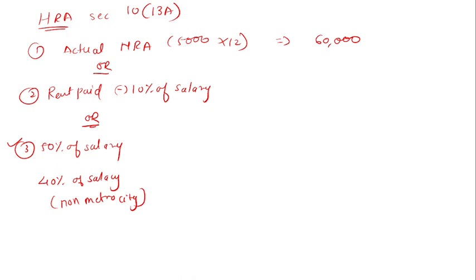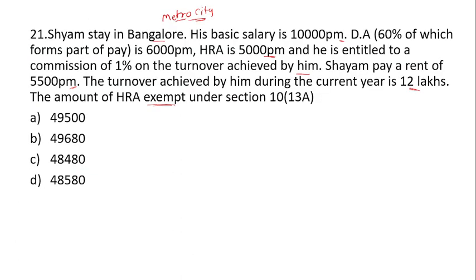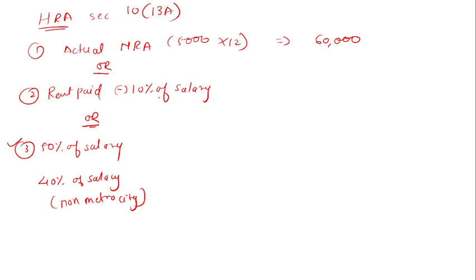Then rent paid, how much rent has he paid? Sham paid a rent of 5,500 per month. So rent paid is 5,500 multiplied by 12, minus 10% of salary.